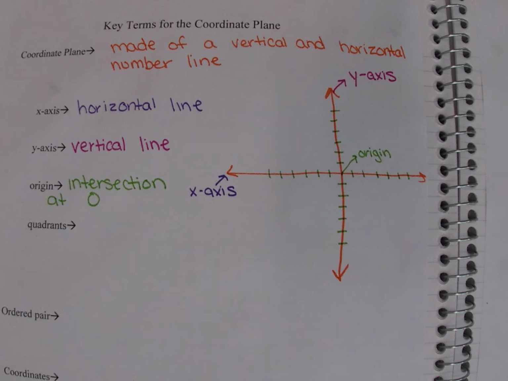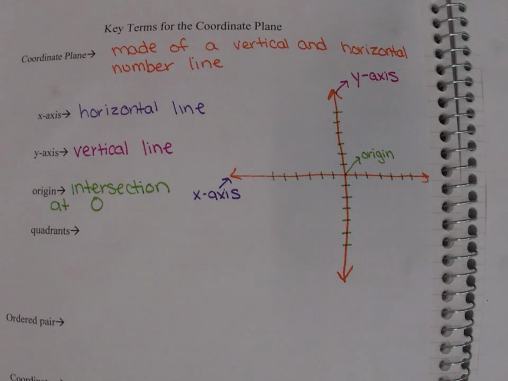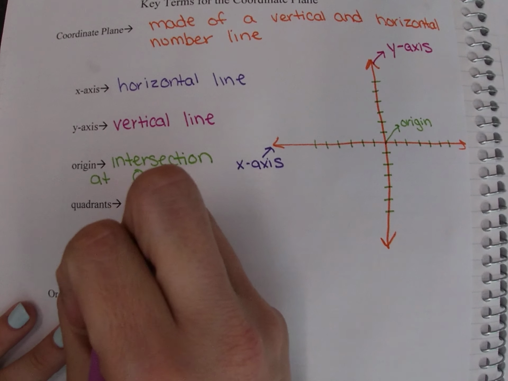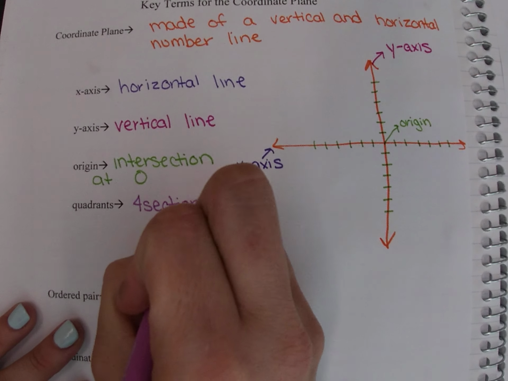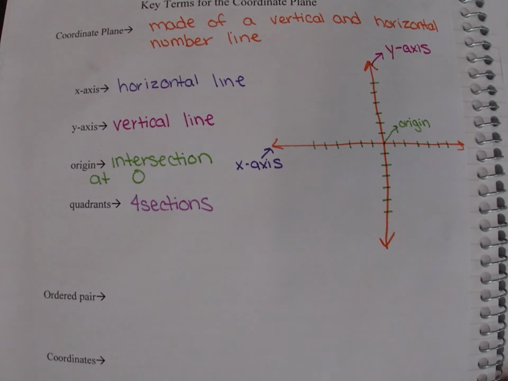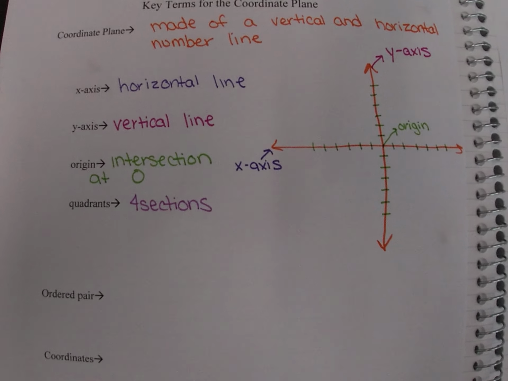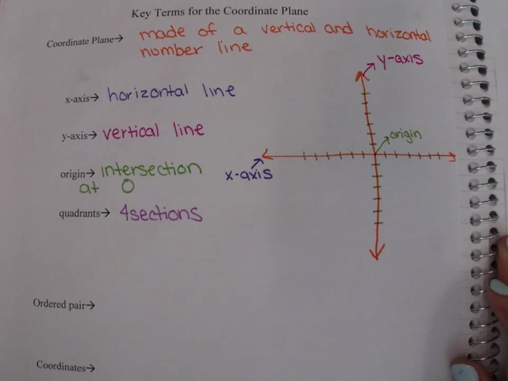Now, the quadrants are the 4 distinct areas that this then makes. The quadrants are the 4 sections it then creates. Okay, and these quadrants are named by Roman numerals.